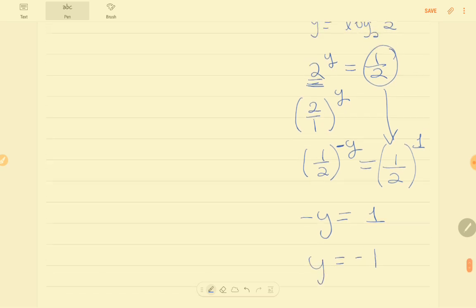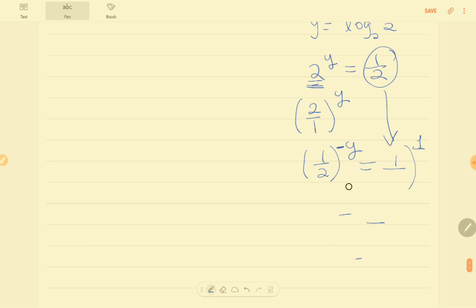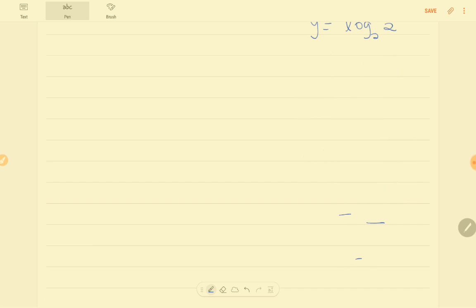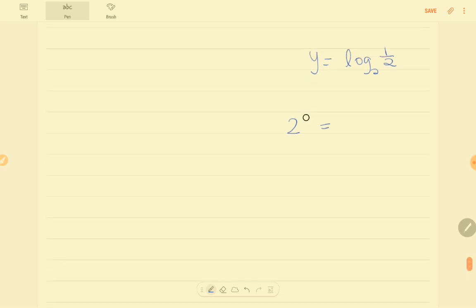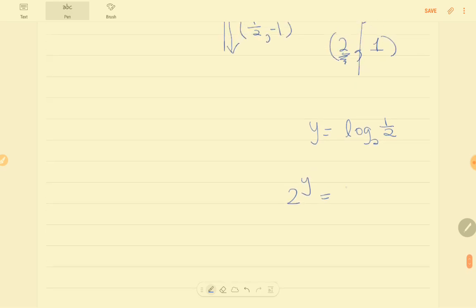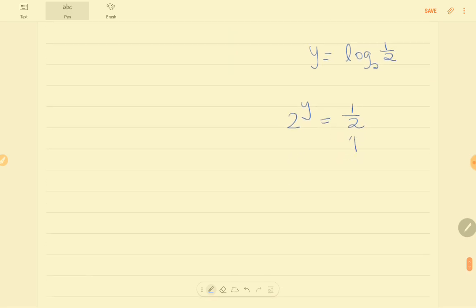Or you could have seen it a different way. Let me back up and try it another way. Let's say 2 to the power of y equals 1/2. Maybe I want to flip this base.